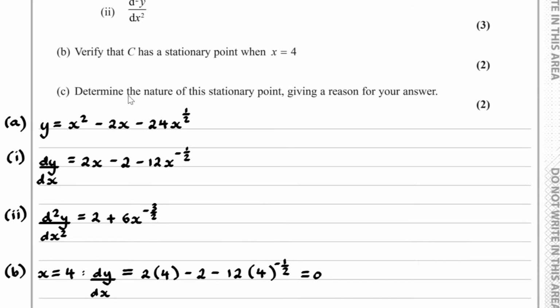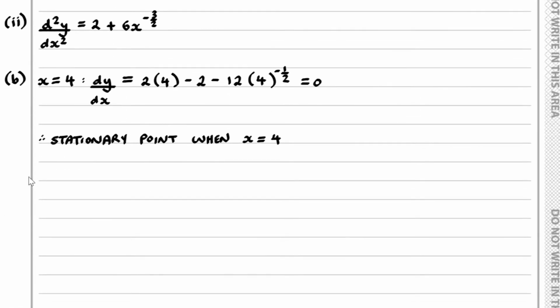And then for part C, we have to determine the nature of the stationary point, giving a reason for your answer. Well, for us to determine the nature of the stationary point, we substitute into the second derivative. And so therefore, for part C, when x is equal to 4, d squared y over dx squared is equal to 2 plus 6 multiplied by 4 to the power of negative 3 over 2.